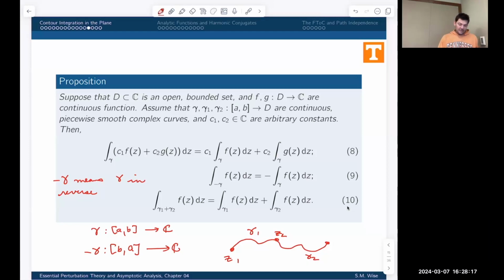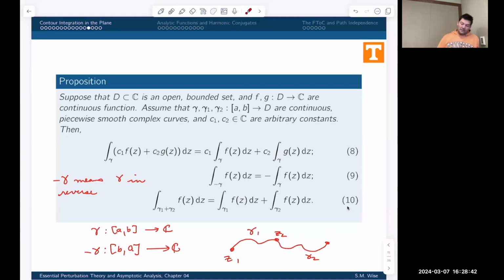Okay, so that's what this contour means. And that can be split up into a contour integral over gamma 1 and a contour integral over gamma 2. That makes sense, I think. Okay, so basically you just run it up to here, that's gamma 1, and then you run it up to here, that's gamma 2. You add the results together, and this is what you get.